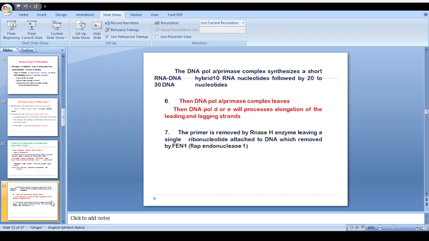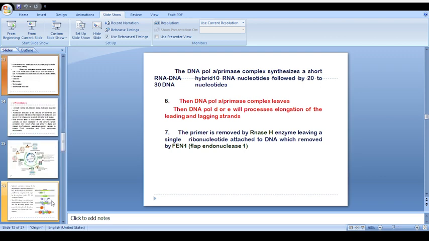Once the DNA alpha primase complex leaves, the DNA polymerases delta and epsilon proceed with the elongation of the leading and lagging strands. After that, the primer is removed by RNase H, in the case of both the leading strand and the lagging strand, and the ribonucleotide attached to the DNA is further removed by flap endonuclease 1, so that the process of replication gets over.